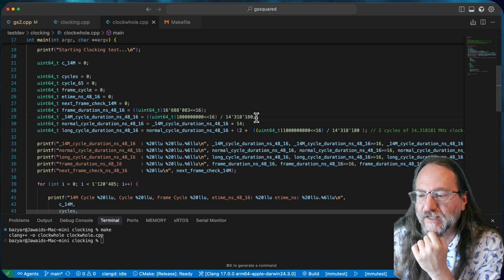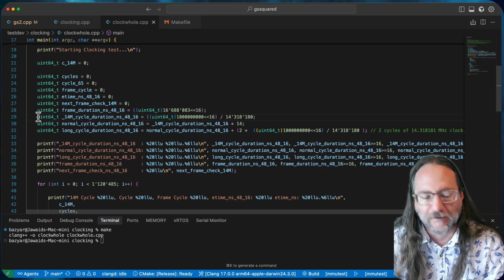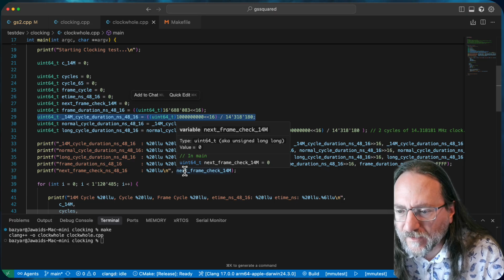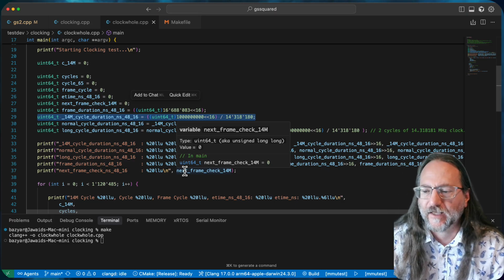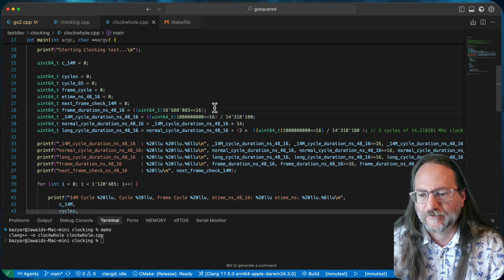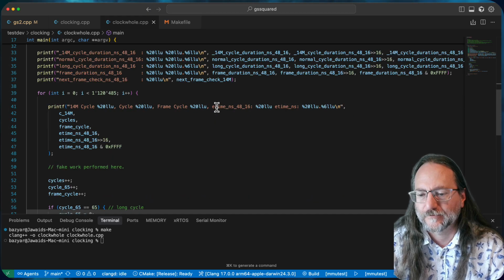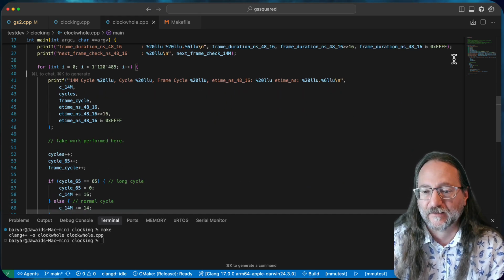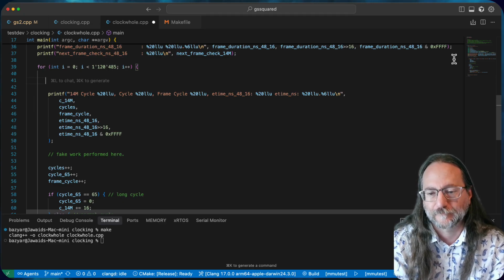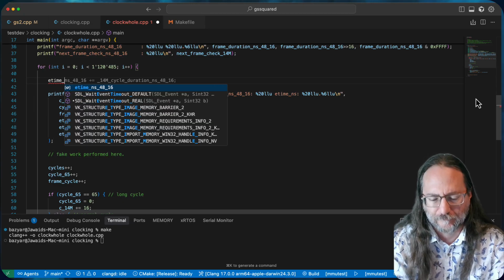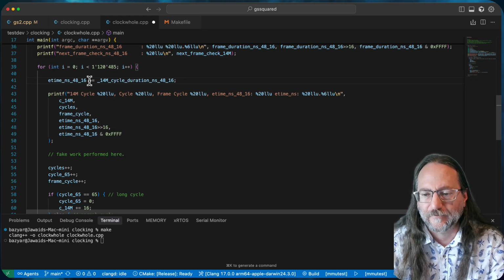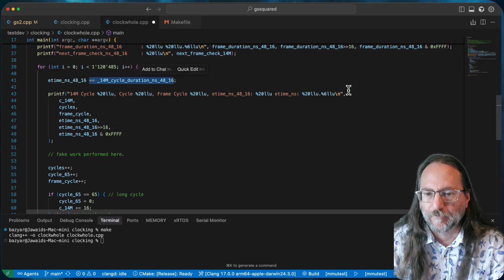So I've got that here. I already calculated that. So when I want to print the elapsed time, I'm going to calculate it. I'm not going to add it yet. I'm going to multiply it.